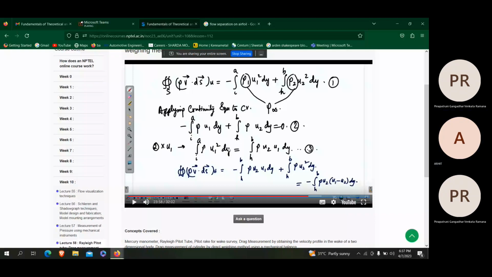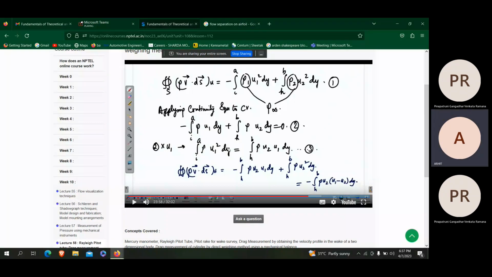Which equation? Sir, that momentum equation from the Navier-Stokes equations, how it is derived. I think I need to revise it once again, sir. Yeah, the momentum equation from the Navier-Stokes, you have to revise it. Unless you revise that, you cannot frame this kind of thing.